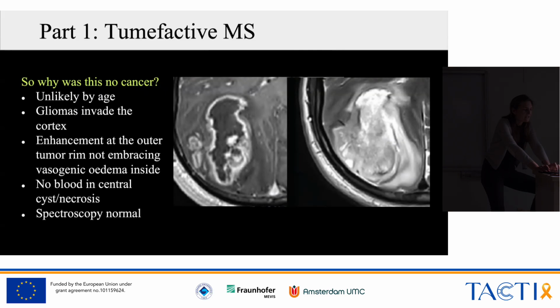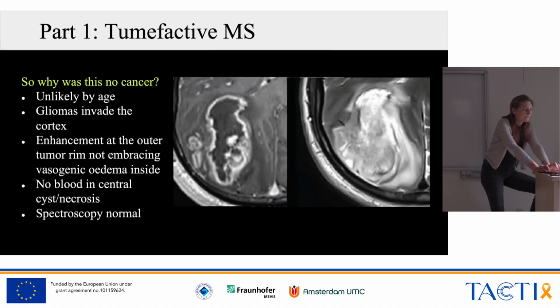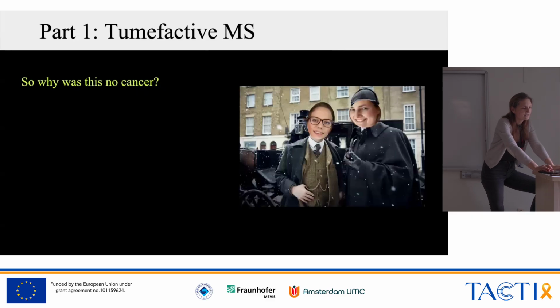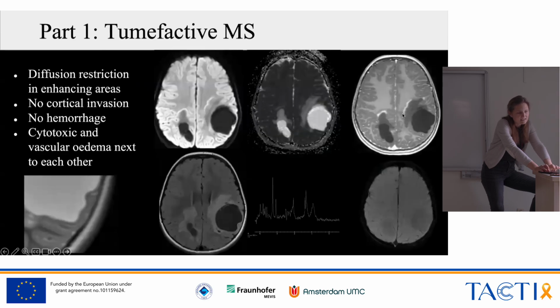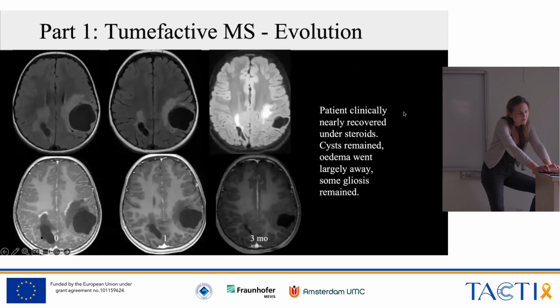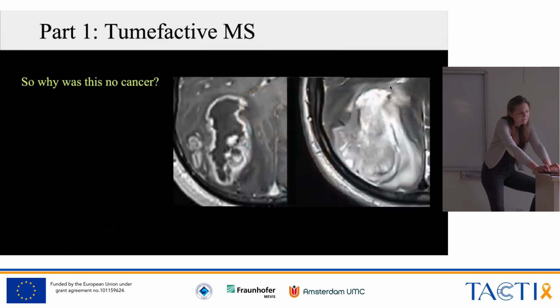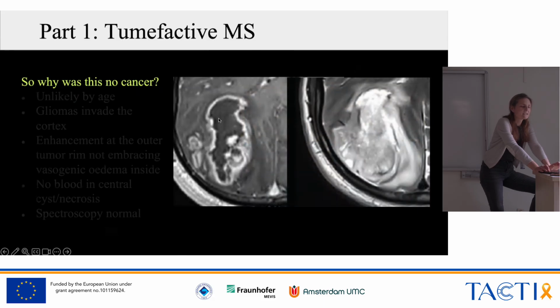What is also striking is that there is vasogenic edema inside the enhancing rim of this girl's lesion, as we go back. And that is something that you can't see in glioma. In glioma, you have necrosis and then comes the enhancement, while you have no lesion that only has vasogenic edema.